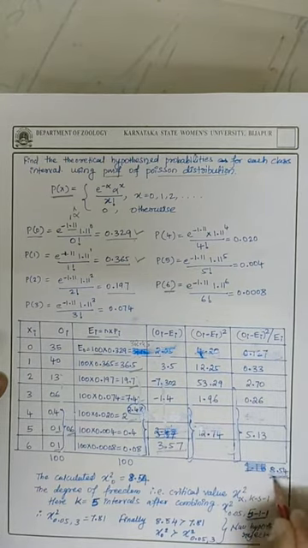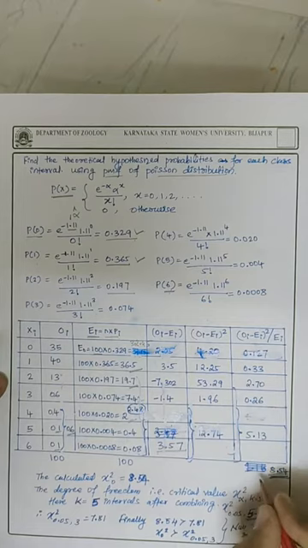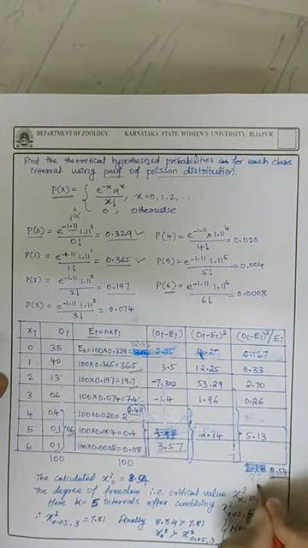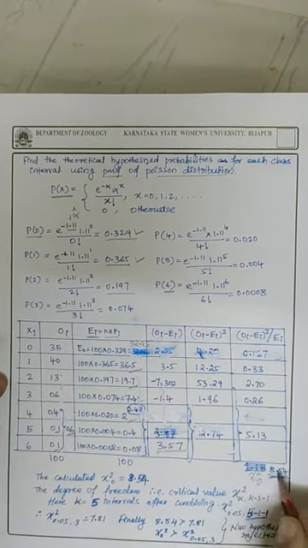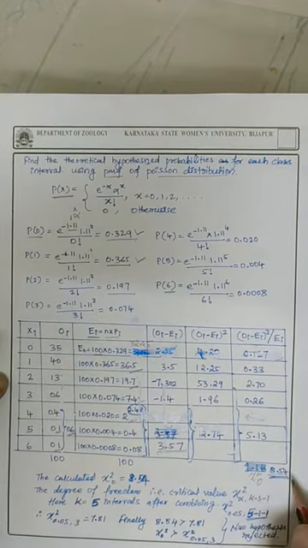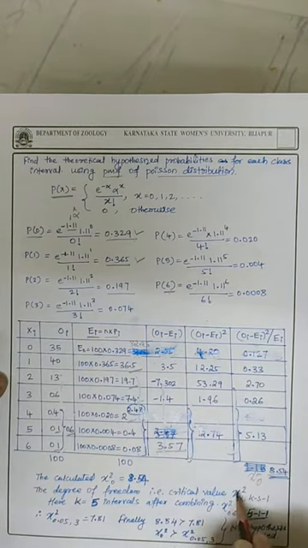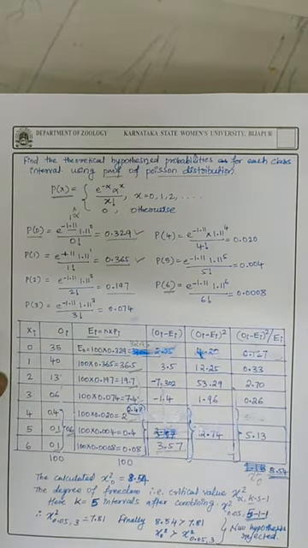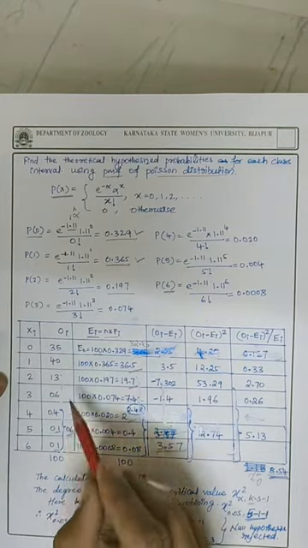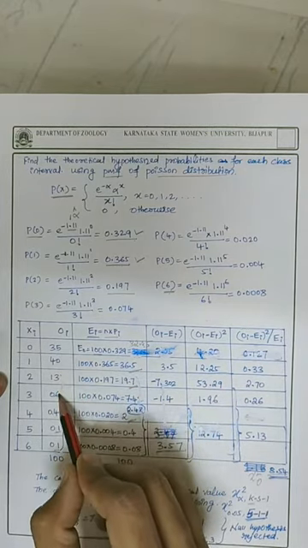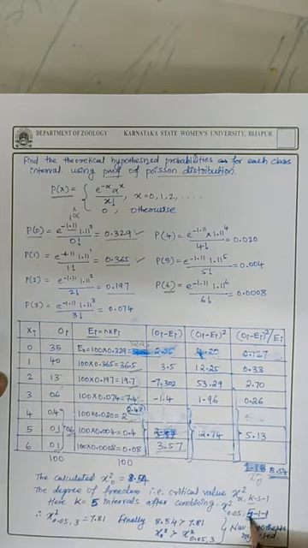The final value we get for chi-square 0 is 8.54, and the critical value is obtained from the table, that is chi-square alpha comma k minus s minus 1. The k is the number of intervals after combining. How many intervals are there after combining? 1, 2, 3, 4, 5. So that is 5 here.